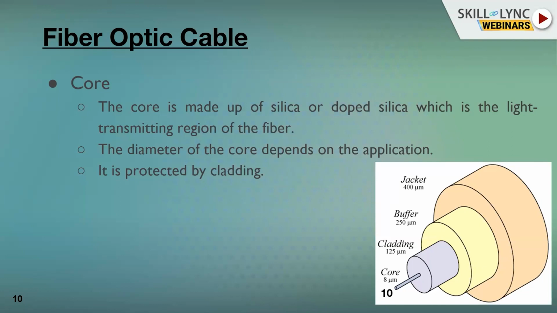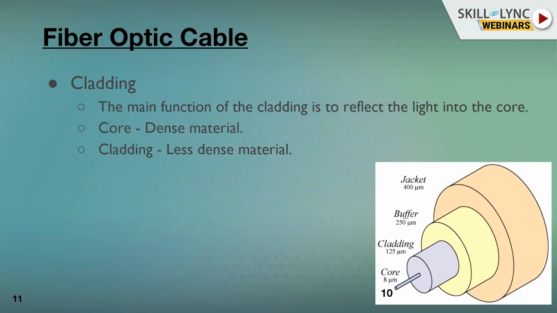Okay, then let's talk about what cladding is. The cladding's main function is to reflect the light back into the core. You don't want the light, as a form of data, to be lost, right? So that's the reason we need a denser material, so that the light will not pass through and it will reflect back.